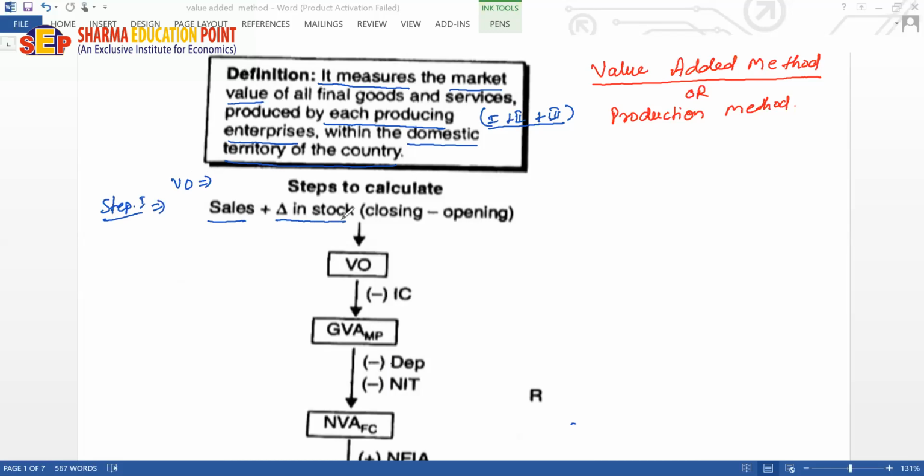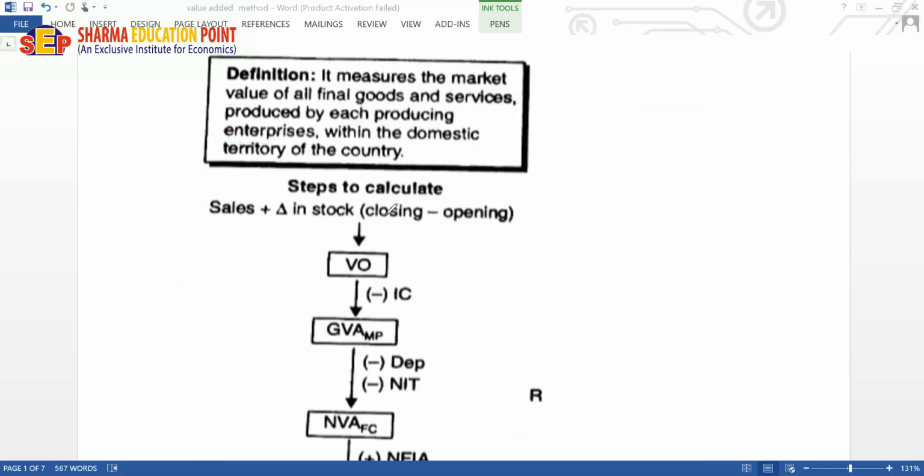Change in stock can be measured by closing stock minus opening stock. So this is the formula to get value of output.